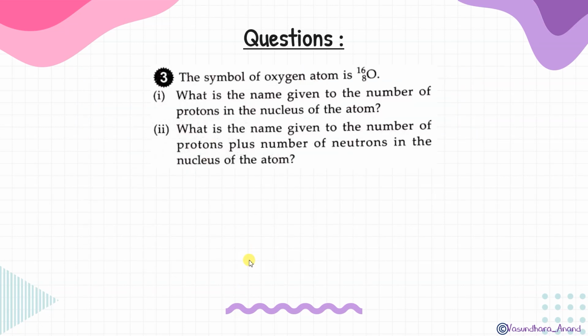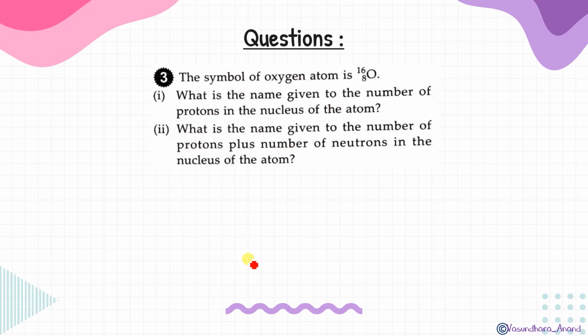Another question. The symbol of the oxygen atom is O with atomic number 8 and mass number 16. What is the name given to the number of protons in the nucleus of the atom? You have to say what name is given to it. What is there in the nucleus?